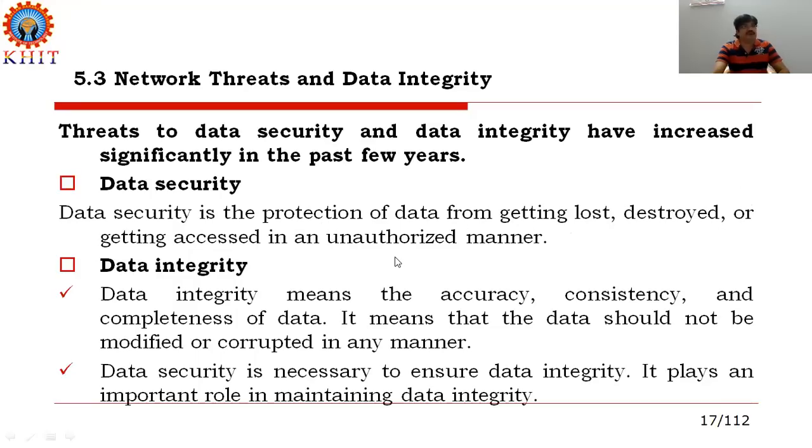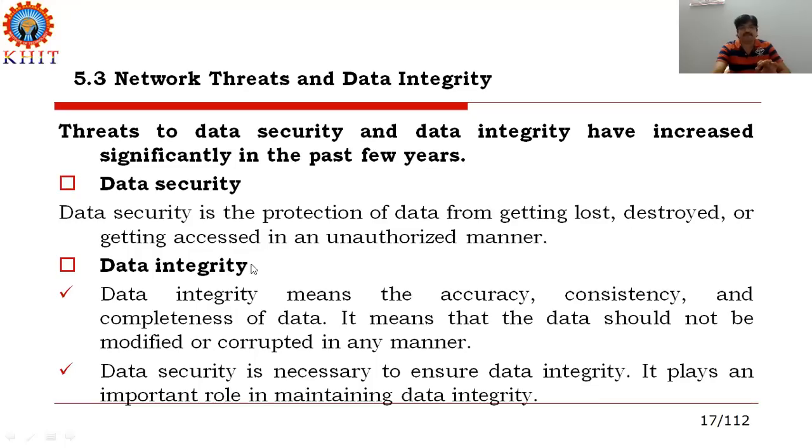If you provide security for data, an unauthorized person cannot access the data, an unauthorized person cannot destroy the data, and data in the system cannot be lost automatically. Whenever you prevent these three factors, lost, destroyed, or unauthorized access, we can say your data is in full security mode.